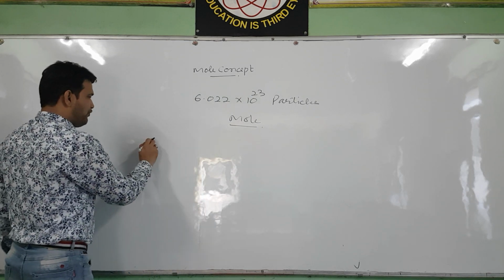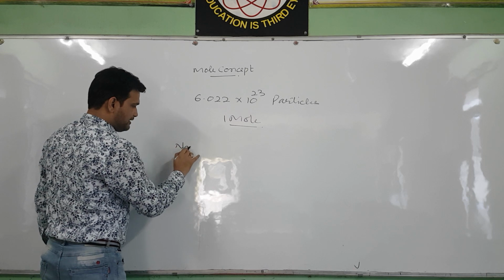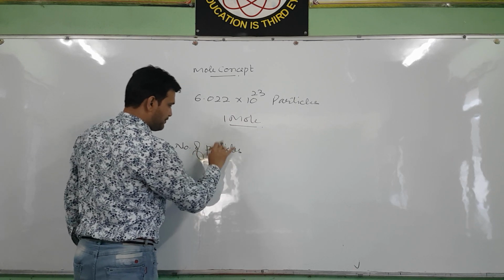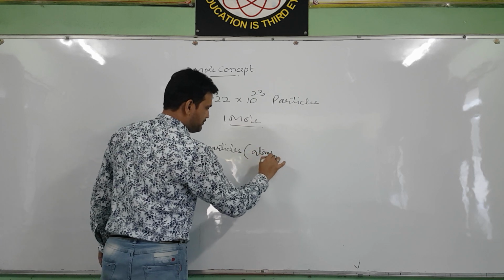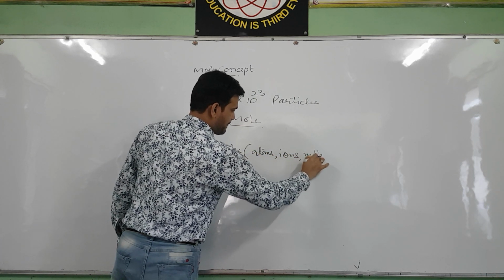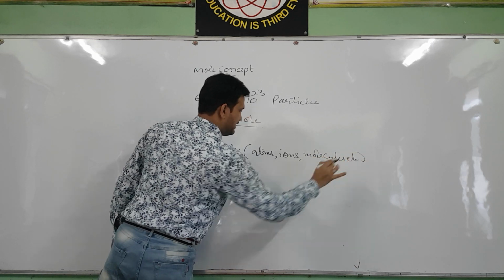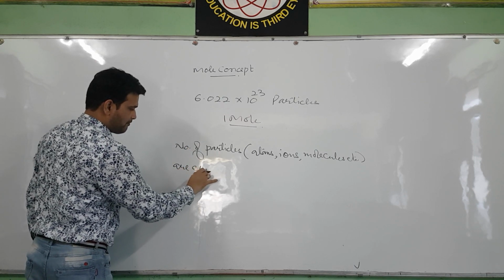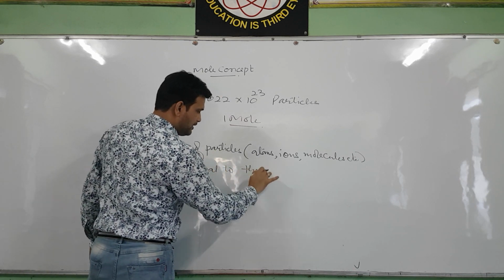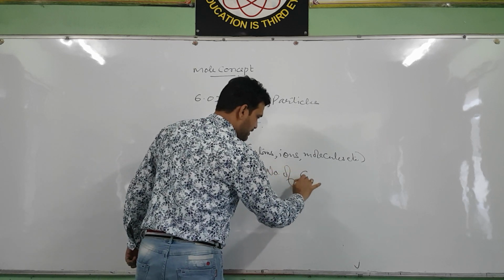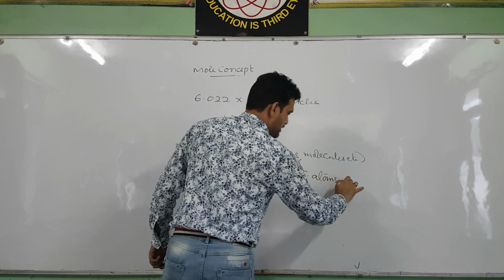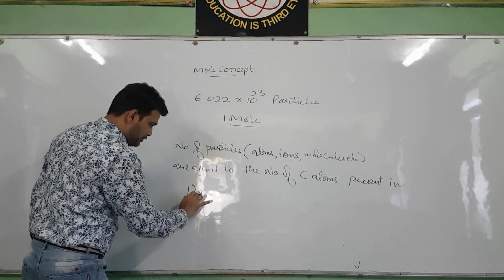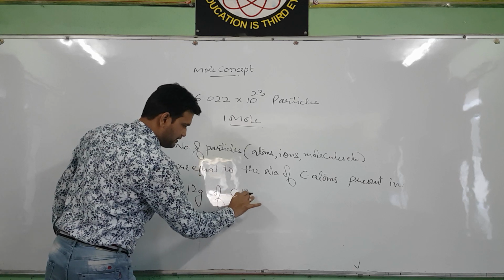One mole may be defined as the number of particles, meaning atoms, ions, molecules, etc., which are equal to the number of carbon atoms present in 12 gram of C12.